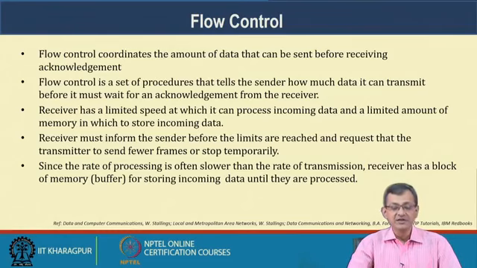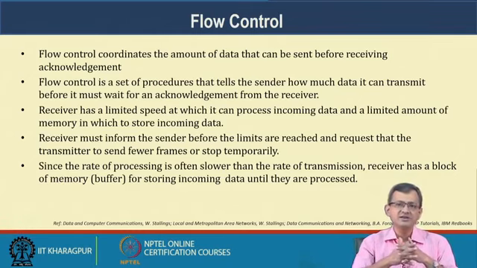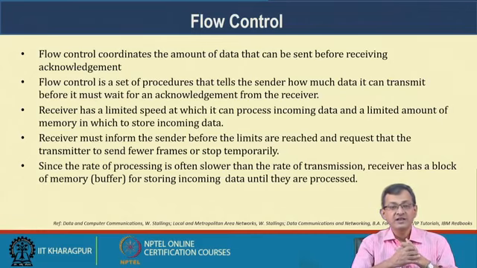The receiver has a limited speed at which it can process incoming data and a limited amount of memory in which to store the incoming data. The receiver must inform the sender before the limits are reached and request the transmitter to send fewer frames or stop temporarily.